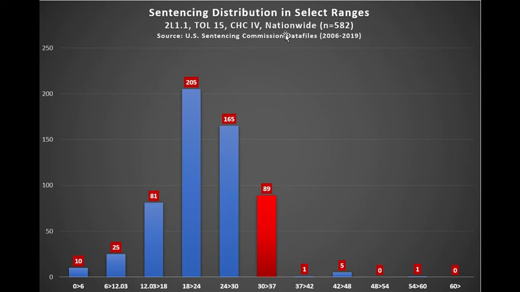Of course, we can drill down to the circuit level as well as the district level, even to a specific judge. And our data comes from the U.S. Sentencing Commission's data files. So this is just an example of what we can show. This basically shows that 89 offenders matching this criteria received a within guideline sentence, and the bulk received under the guidelines.